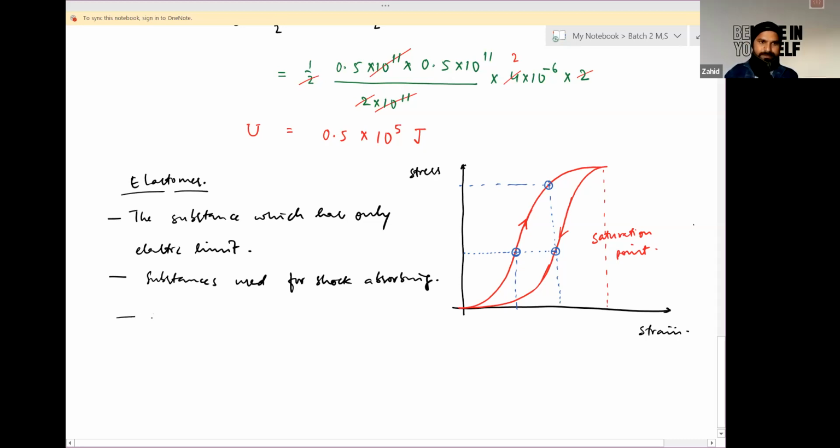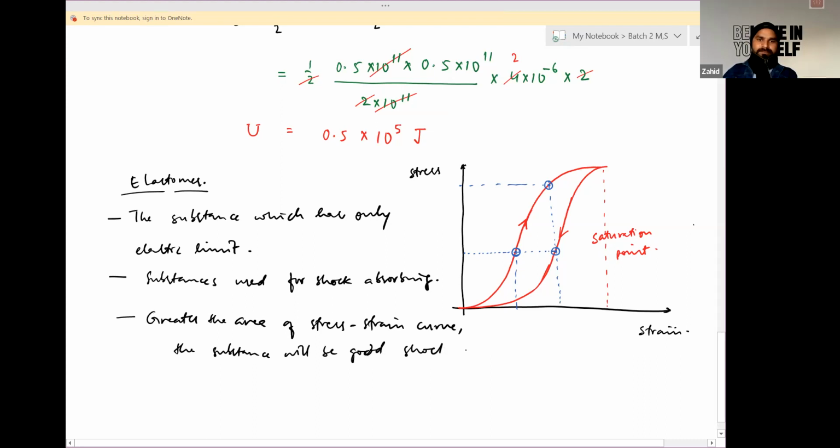So you'll say, the greater the area of the stress strain curve, the substance will be a good shock absorber.